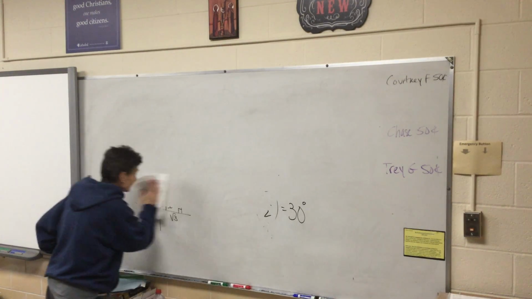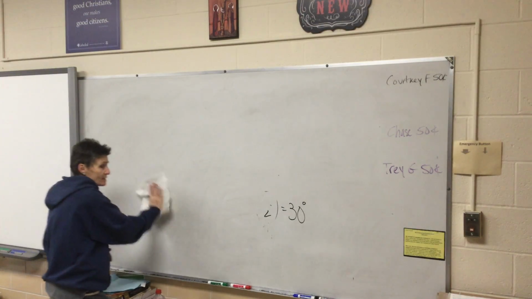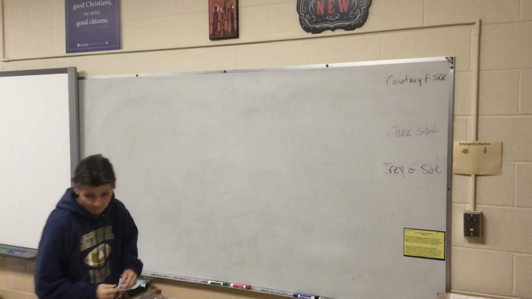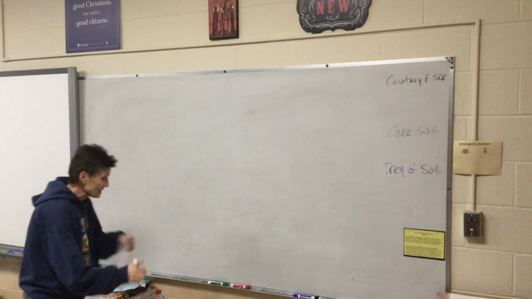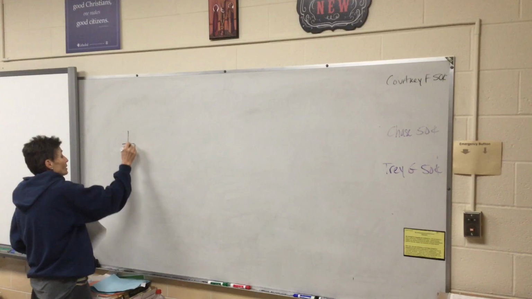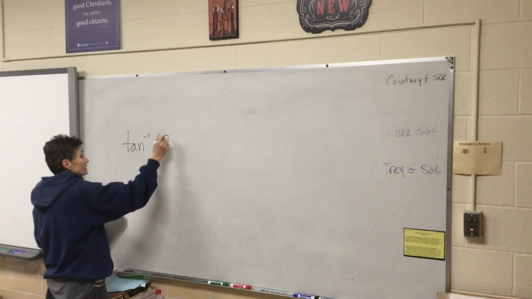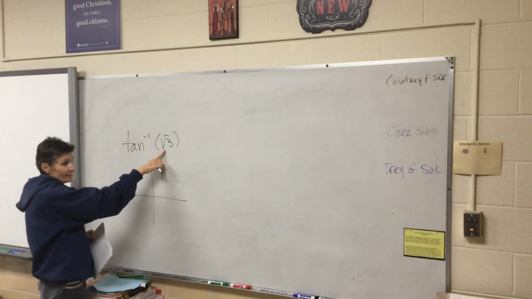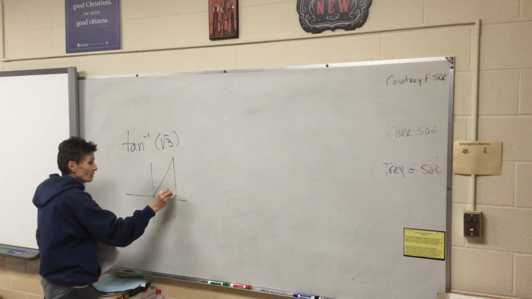Remember, when you see that little -1 that looks like an exponent, that means you are finding an angle. So now we are finding the angle whose tangent is √3. Now that's positive, so there it is right there in quadrant 1.